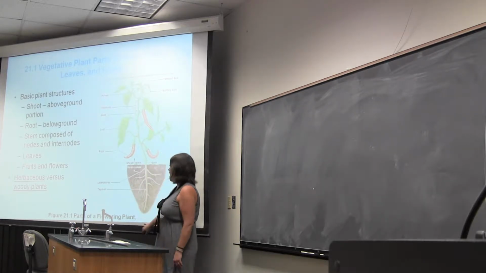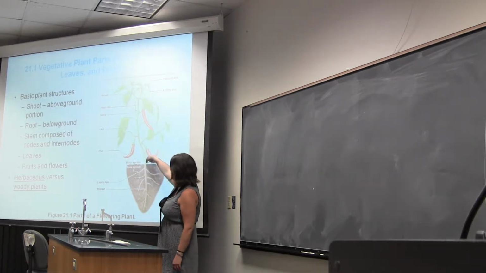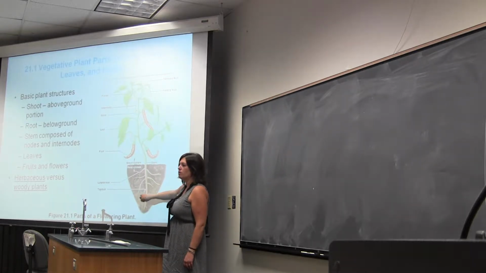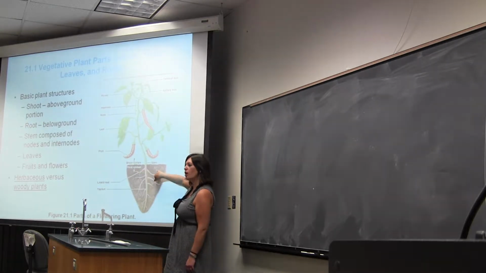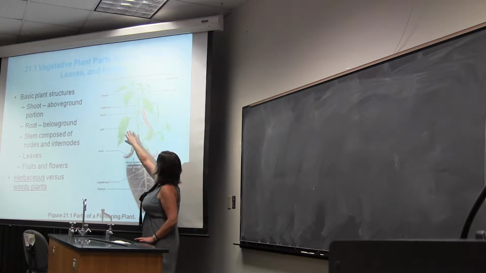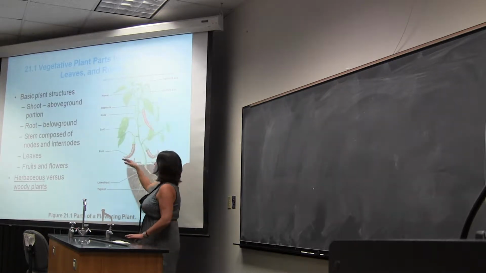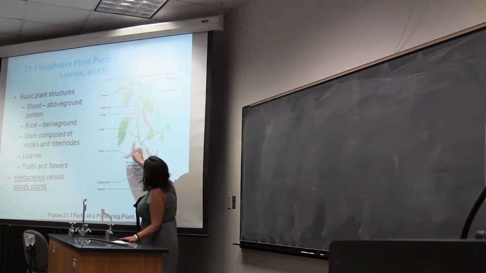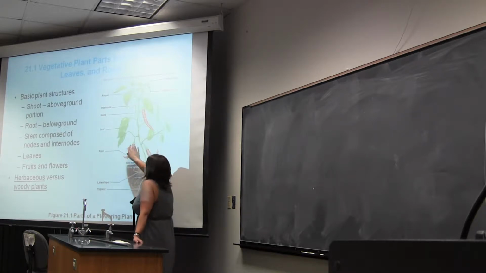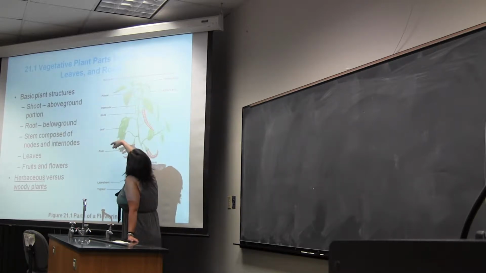And so you can see here's the root system. This is what we call a taproot. A taproot is going to be one main root going down with several little ones branching off. This is all the shoot right here. This is all the above ground part. Here, I guess it looks like a pepper tree. You've got a fruit here. You've obviously got your leaves.